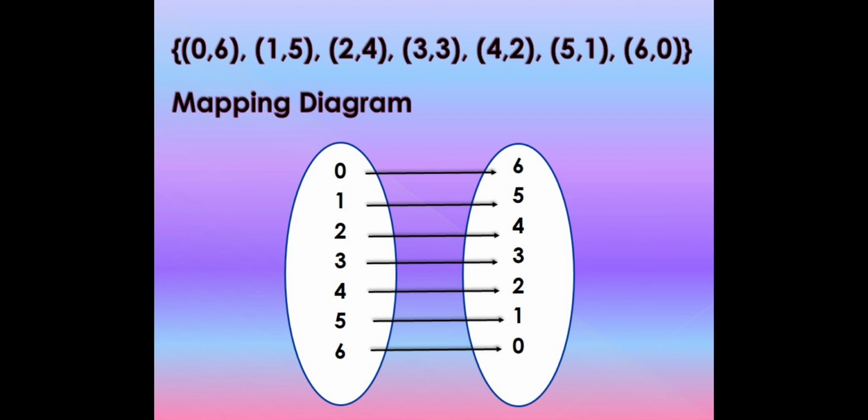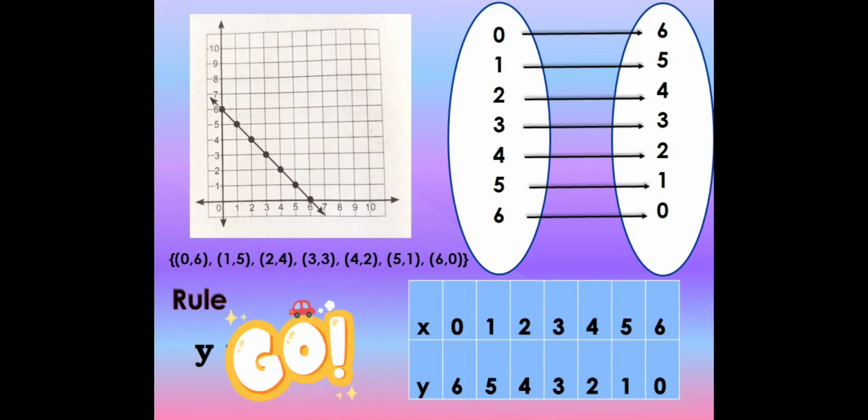Any questions about this? Now let's have the last representation, which is the rule. By looking at the values of x and y, what do you think is the rule or the equation on how to solve for y by using the value of x?